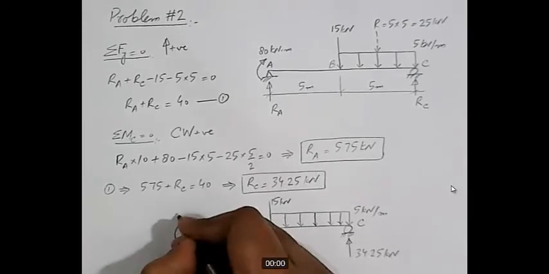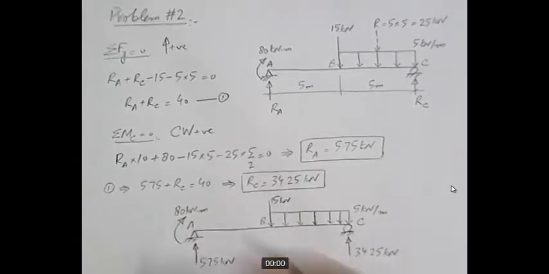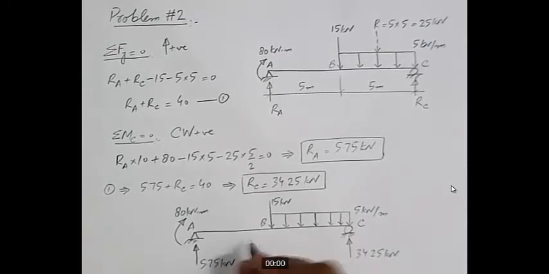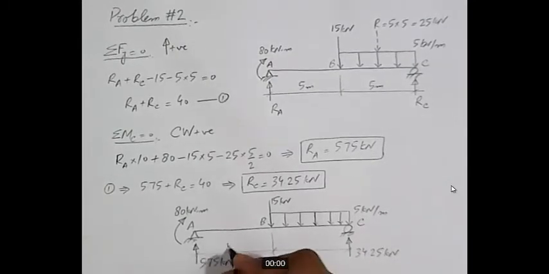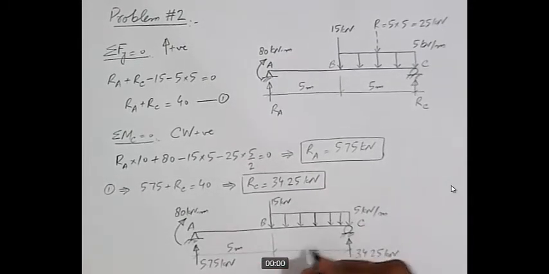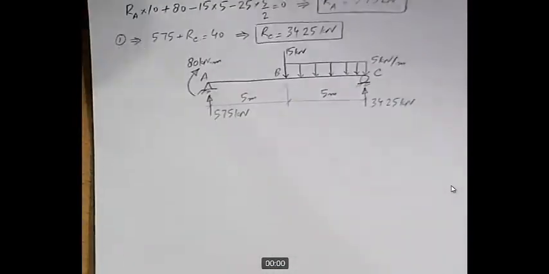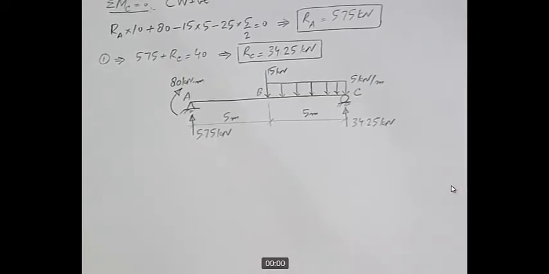And this is 80 kilonewton meter moment. Anything else? We can mark these distances as well. 5 meter and 5 meter. So this is the given beam. Now I think I have marked all the required information on this diagram.